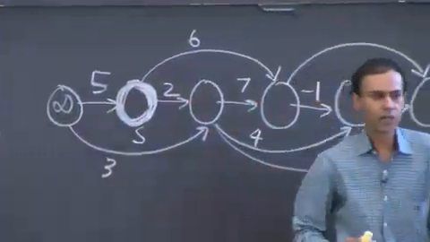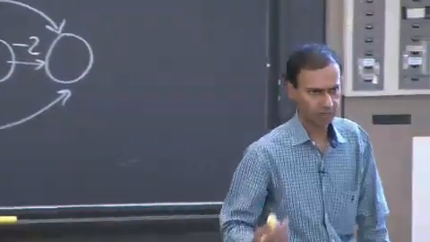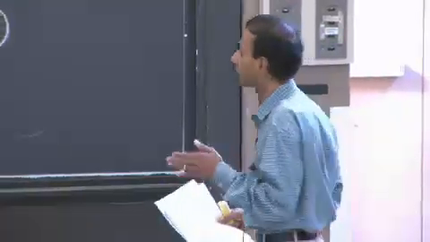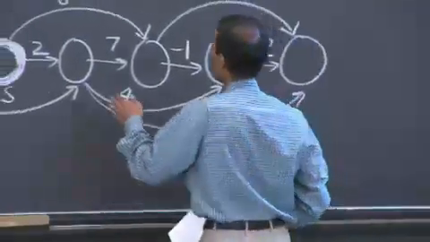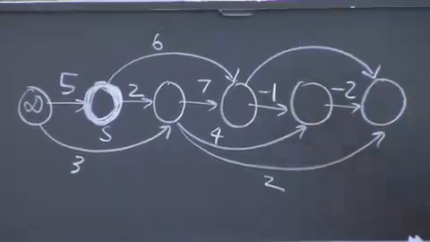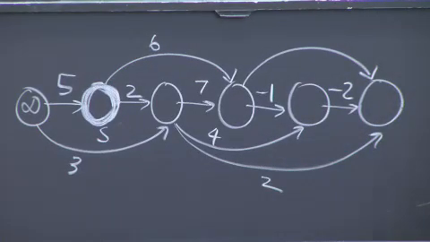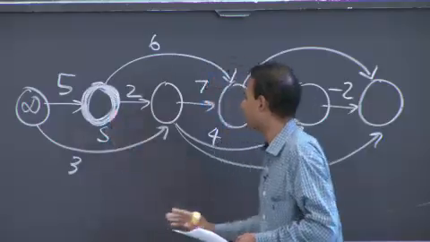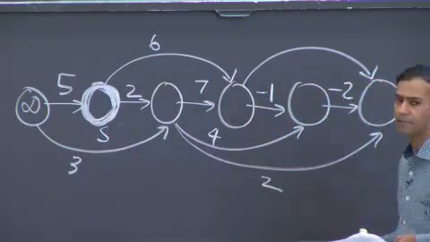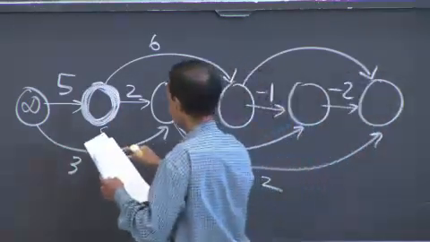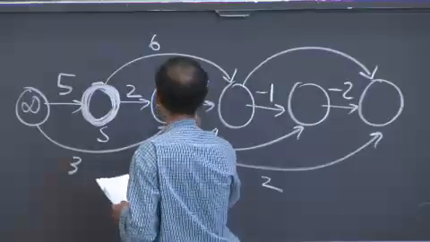Okay? And now I got to do some work on relaxation. And I'm not going to get the shortest path instantly for a particular vertex once I get to it, because there may be better ways of getting there. And especially if I have negative edges, then it's certainly possible that a longer length path is going to be the shortest path. But what I'll do is take S, and I'm going to relax edges that emanate from S. And so in step 1, all of these are going to be infinity to start with.